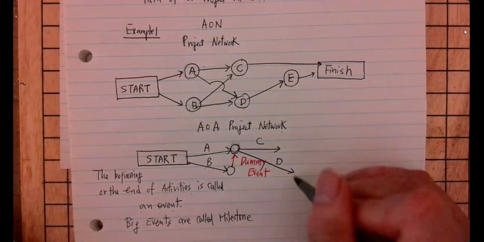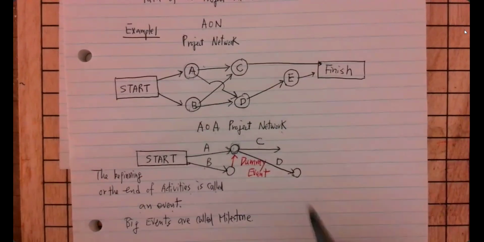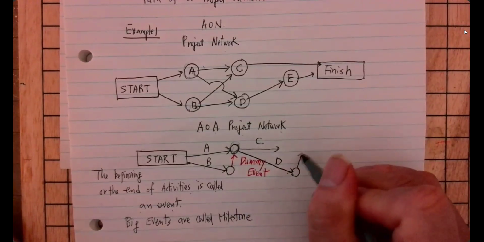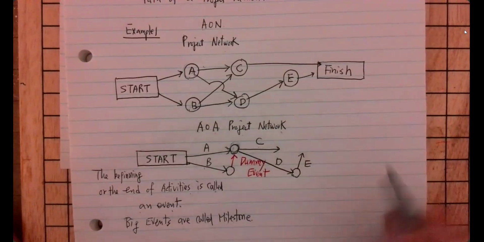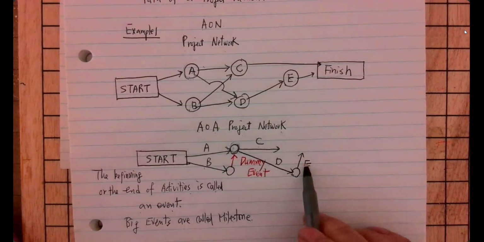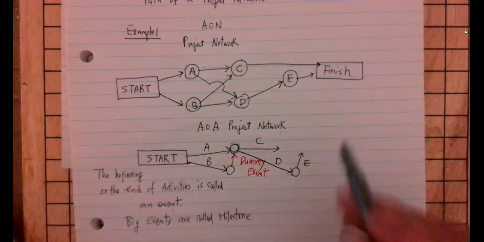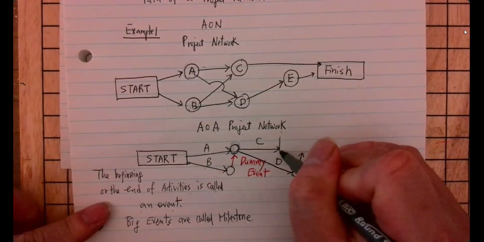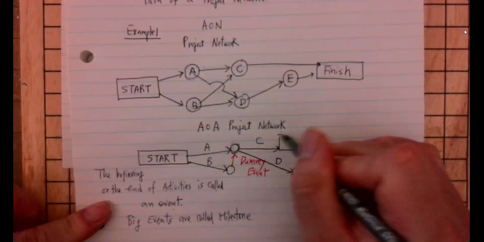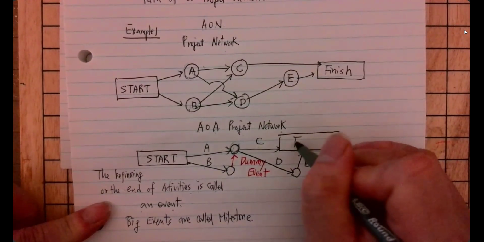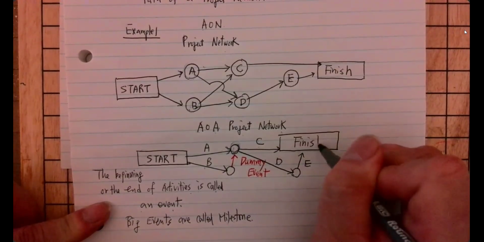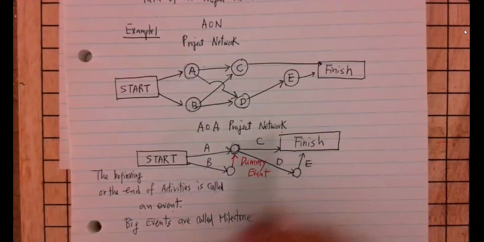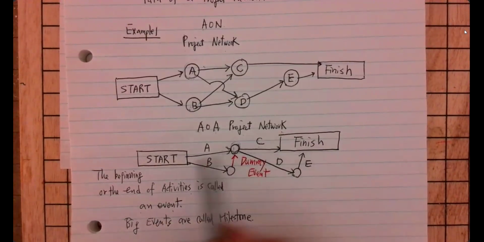And then E is right after D. This is E. And we know C and E are the last two activities in the project network, so this is going to be finish. So this is called an AOA project network, from start to finish.